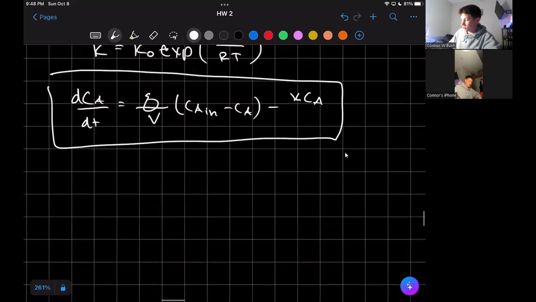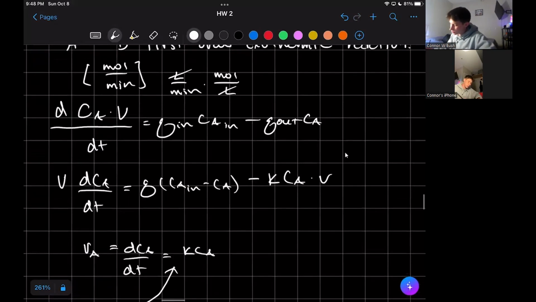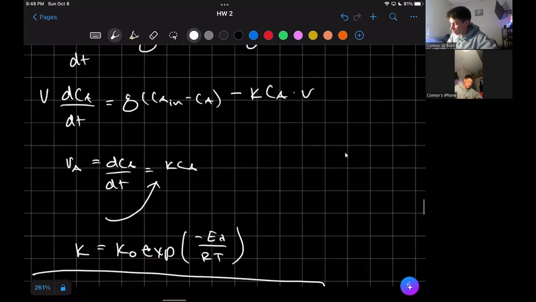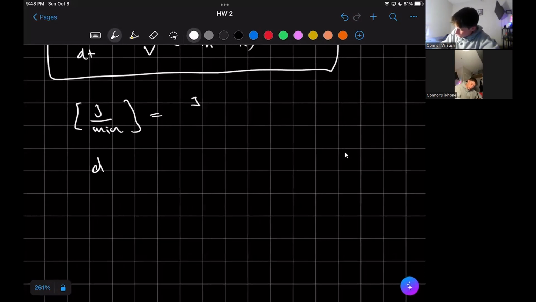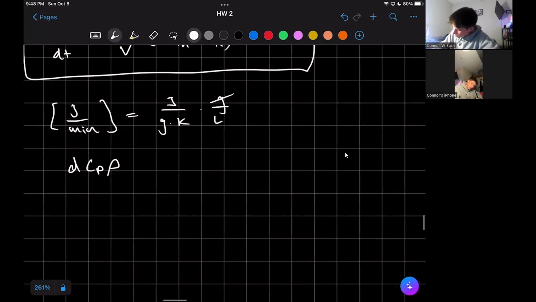So now we want to do an energy balance. So essentially we just want this in units of joules per unit time. In this case, we're working in minutes. So to get there, we are given the heat capacity in units of joules per gram Kelvin. If we multiply by density, that's grams per liter, it cancels out the grams.